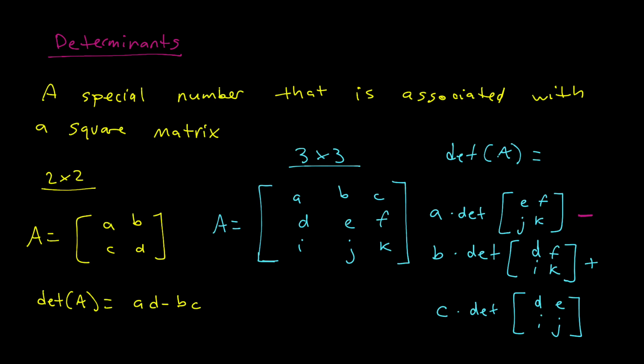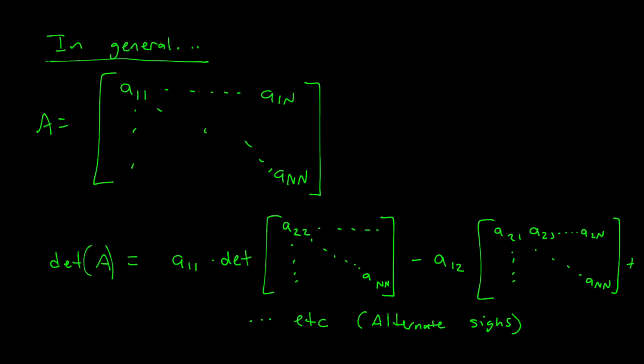And notice that you can get the elements of the corresponding determinant by crossing out the row and column where the element is located. In general, for an n by n matrix A, the determinant of A is defined to be a_11 times the corresponding determinant formed by the crossing out, as described on the previous page, minus a_12 times the similar procedure, and so on, with alternating signs.